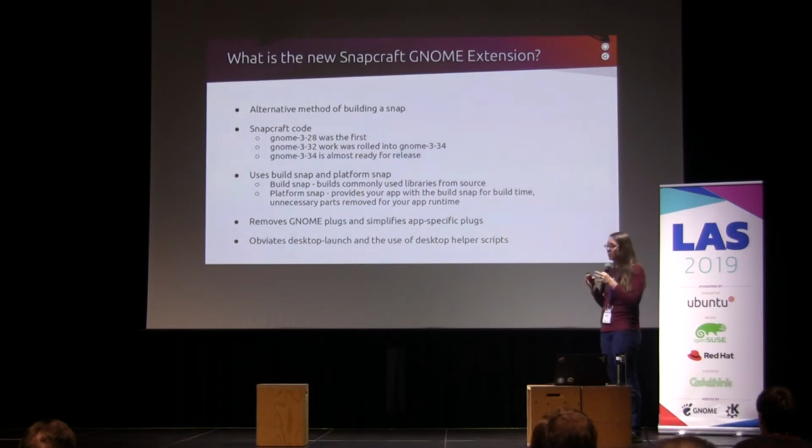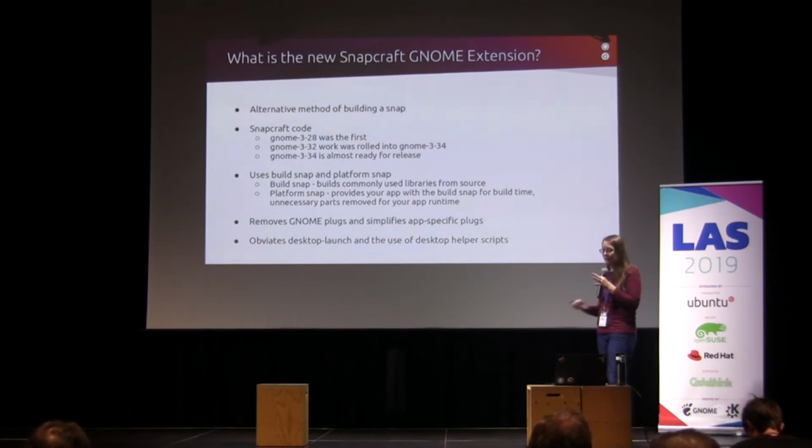The extension uses a build snap and a platform snap. So what do I mean by that? A build snap is basically a snap that builds a whole host of libraries. There are about 3 dozen common libraries that GNOME snaps need, like glib. I mentioned some earlier, but it also builds harfbuzz and pango and cairo and so many things.